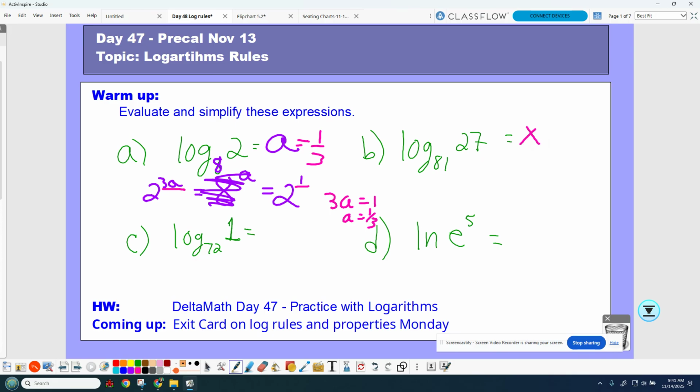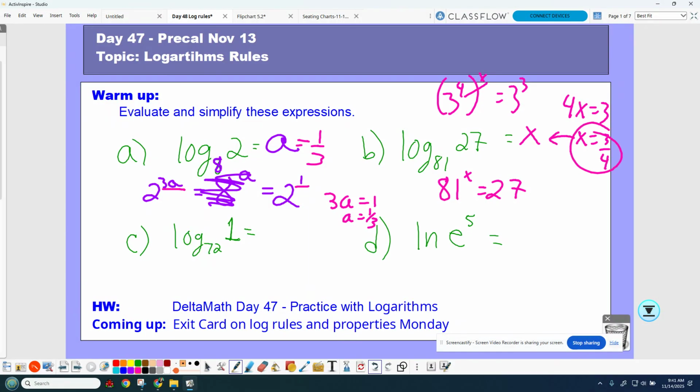So he says it's 81 to the x equals 27, but really what he said was, well, 81 is 3 to the 4th, and 27 is 3 to the 3rd, raising the power to the power. So he says that exponent needs to equal this exponent, and if you look at his whiteboard, he says that fraction, that log is going to evaluate to be 3/4.